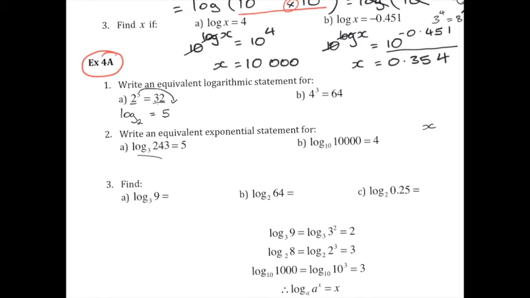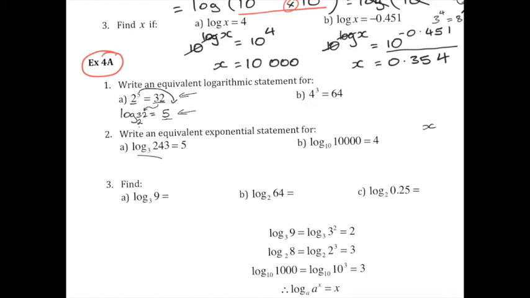And then the 32, the answer, goes there. So that's just rewriting it. So log of 32 base 2 is 5. And that's true because 2 to the 5 equals 32. And that's what the log is asking. It's asking what power of 2 equals 32, and that's 5. So that's how you rewrite an exponential equation in terms of a log equation.